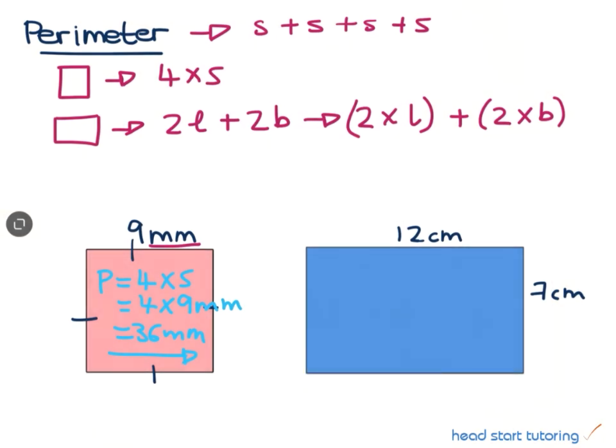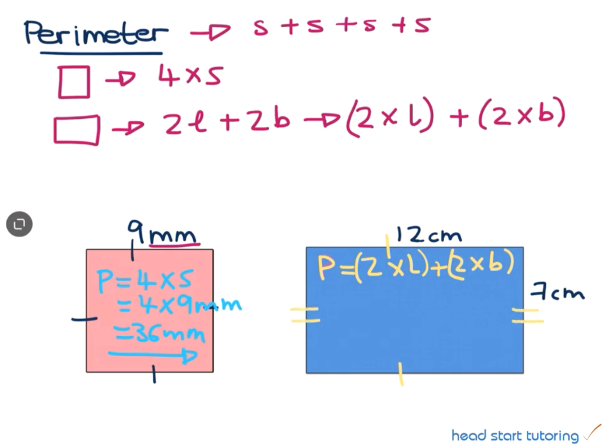If we then have a look at the perimeter of our rectangle, let's use the formula 2 times the length plus 2 times breadth. And the reason that we say 2 times L plus 2 times B is because remember opposite sides are equal.